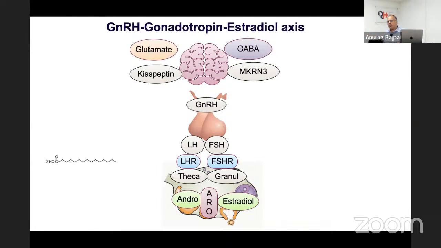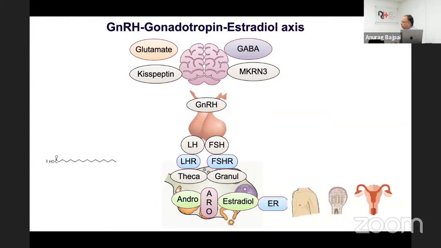Many of these individuals have an increased gap between thelarche and menarche. While the thelarche is happening earlier, the menarche is happening at the right time, and that's why this is a slowly progressive precocious puberty, which does not require treatment.